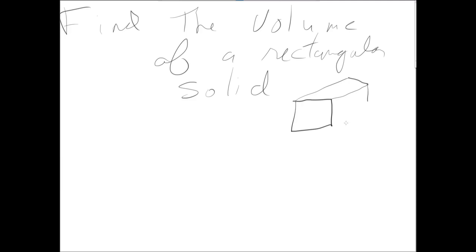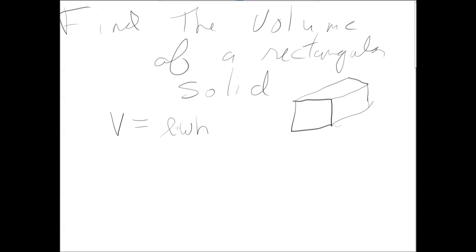It's not a cube. And the solid means that it's the whole thing. It's both the outer surface and the inside. And the formula for this is that the volume equals length times width times height. You'll notice I'm not putting any dots or any x's in between here.